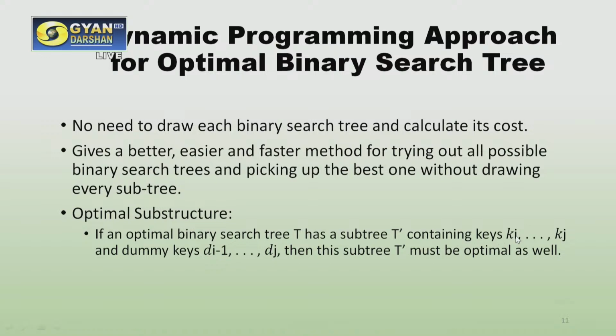So if your keys are from Ki to Kj, dummy keys are going to be Di minus 1 till Dj. Then this subtree T dash must also be optimal. So this is what in dynamic programming you want: the subproblem should also be optimal. This subtree is going to be optimal too, right?